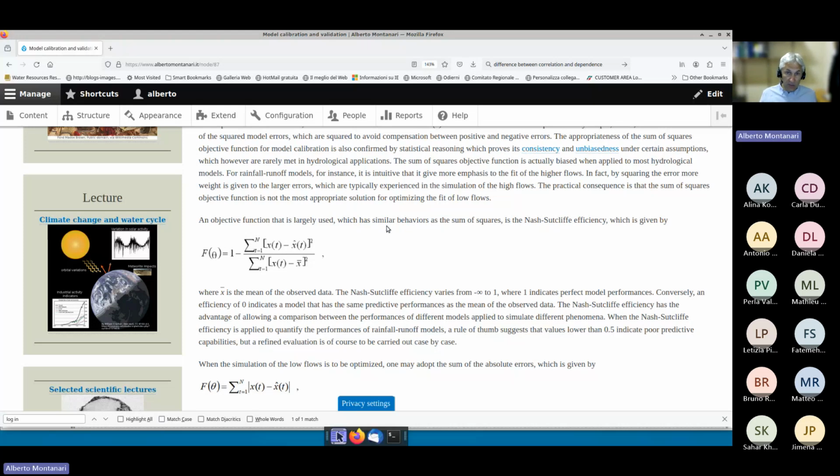If the errors that you make with the model are less than the errors that you make with the trivial prediction, your model is useful to some extent with respect to the trivial prediction. And of course, if the errors of your model are identically zero, your model is perfect. Then you get here the numerator that is zero. At the denominator, you have something different from zero because it's the error from the trivial prediction.